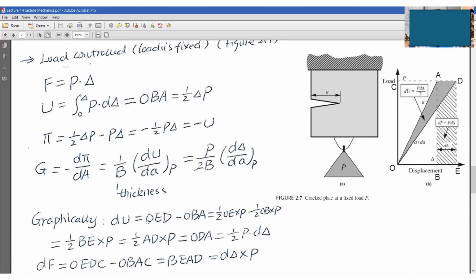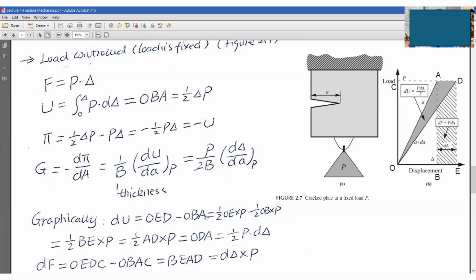So the change of U from when the crack length equals A to when it goes to the crack length of A plus dA is this change: OED minus OBA, right?